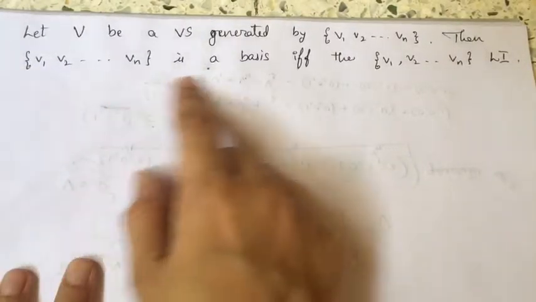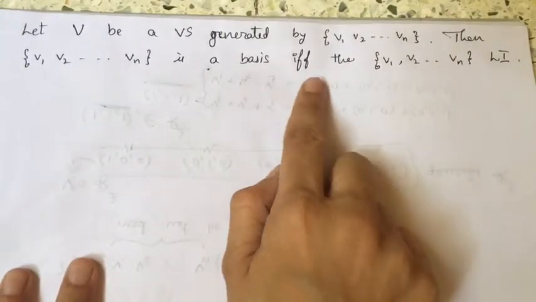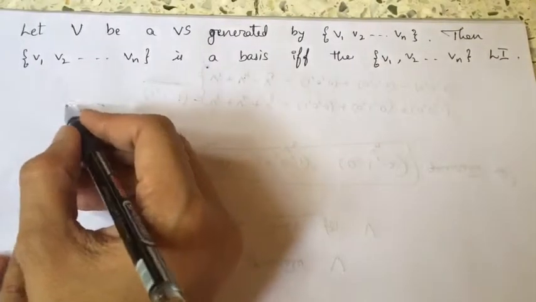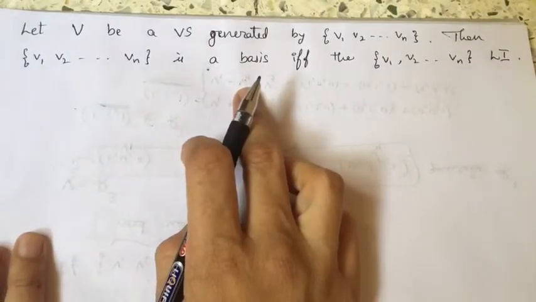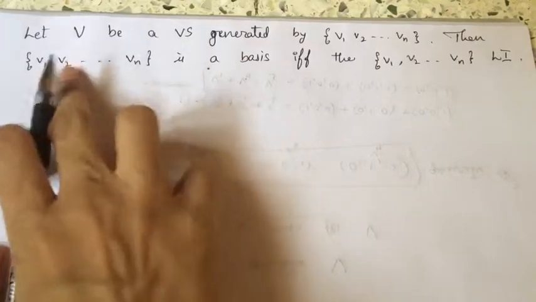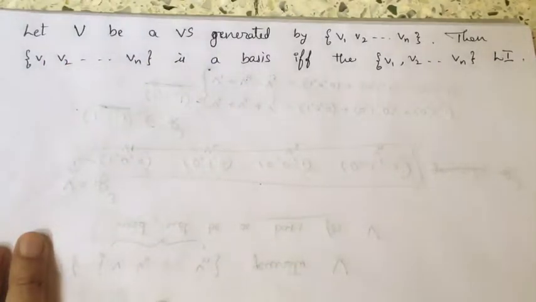Then these vectors form a basis if and only if the vectors are linearly independent. So let us take the first part. I'll take the first part as this forms a basis, and I have to prove that these vectors are linearly independent.